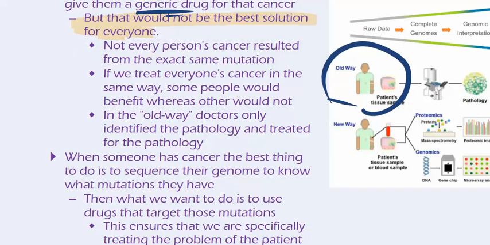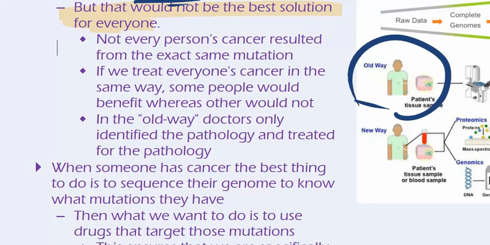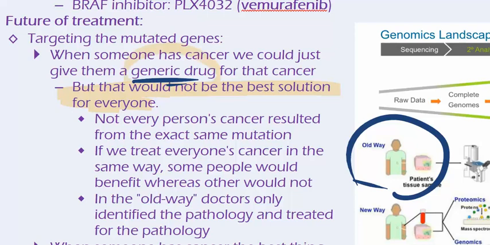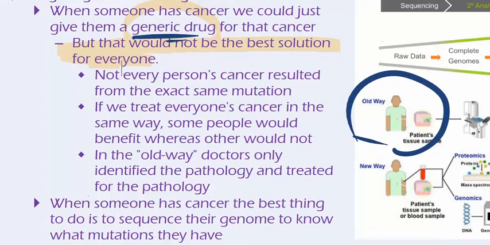The colon cancer that we see in two people is not all coming from the same mutations, right? So if we treated everyone generically, it turns out that only some people will benefit. A certain segment of this population will benefit maximally.